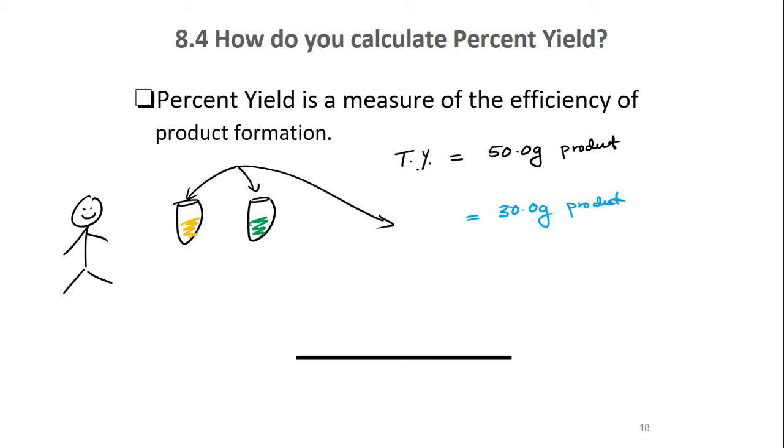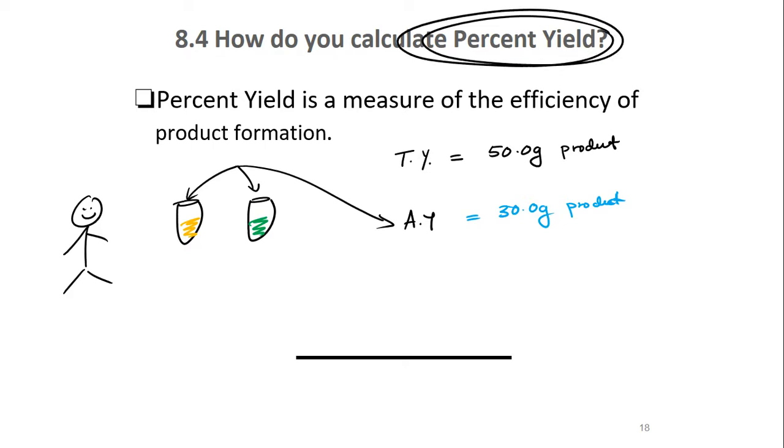Okay, but we are looking at the numbers here. So you have 50 grams theoretical yield, you expect to get 50 grams of product, but in reality, in actuality, in the real lab, in real life, you only got 30 grams of product. And this is what we call the actual yield. Now you're going to learn how to calculate what the percent yield is.